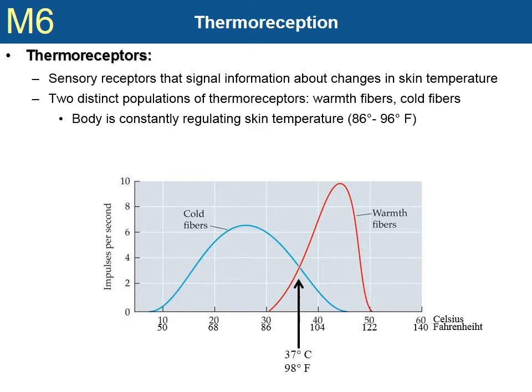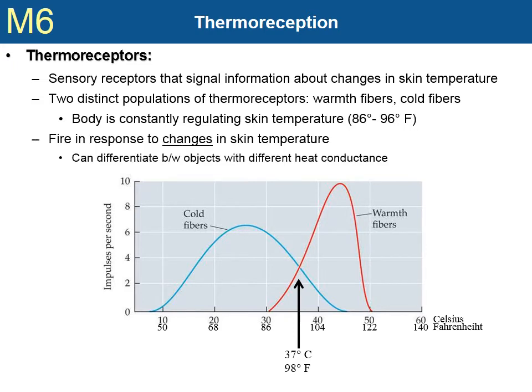That means that these fibers constantly monitor the skin temperature and provide feedback whether the skin temperature gets too cold or too hot. That is, they provide feedback to keep skin temperature in the Goldilocks zone, just right. Lastly, thermoreceptors are change detectors.